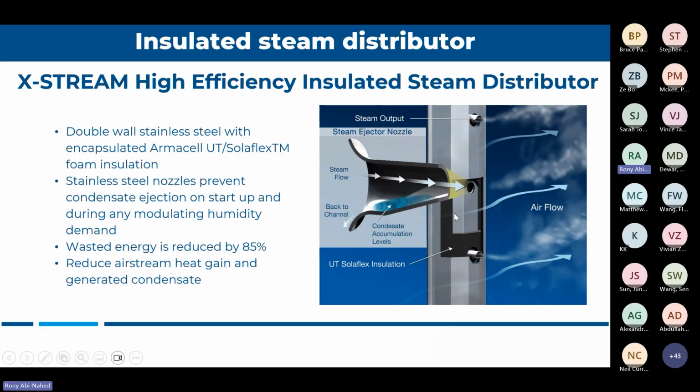The way they insulate is you take the grid, you put a SolarFlex insulation, this black insulation here, that's a SolarFlex insulation, and then you encapsulate this insulation with another layer of stainless steel. So you have a double wall stainless steel now with the SolarFlex insulation. That's how you can achieve a reduction by 85%.